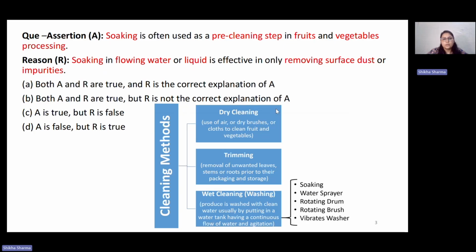Because of that, we need to do cleaning first, after harvesting.